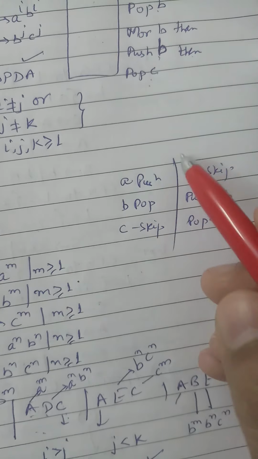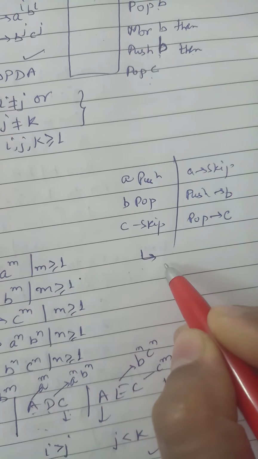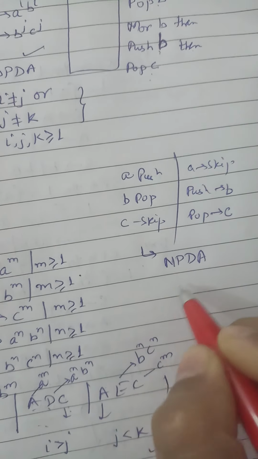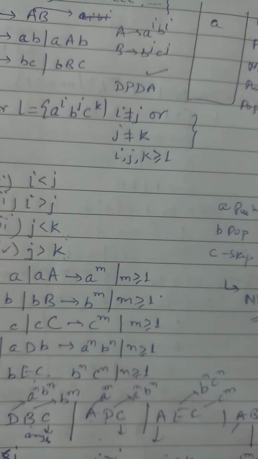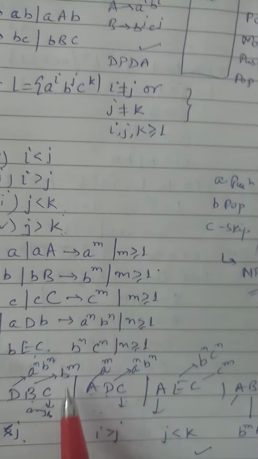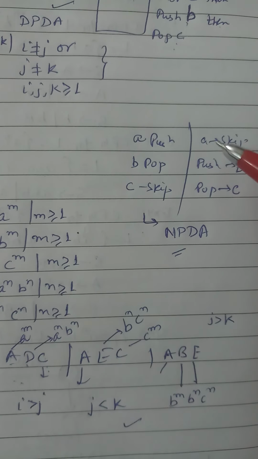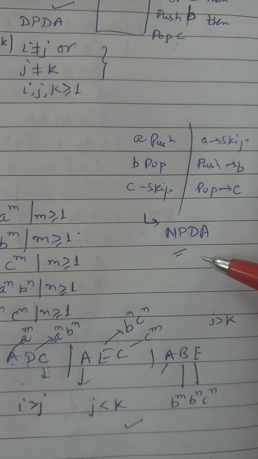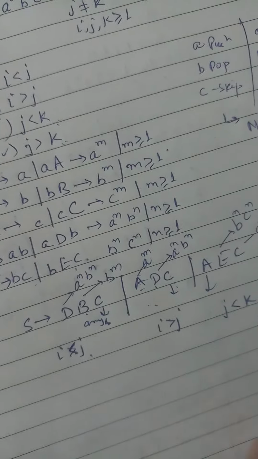There is no guarantee of where to move. So definitely this is not DPDA, this is NPDA, because it is not clear where we are heading, because they are not equal, only greater than or less than conditions are there. So we cannot say where to move. Either we push, pop, skip, what to do exactly. So that's why this is definitely NPDA. This is not DPDA. Now move to the next.